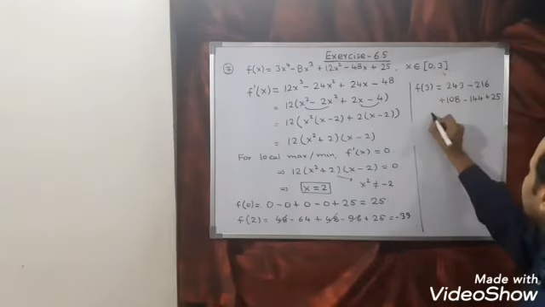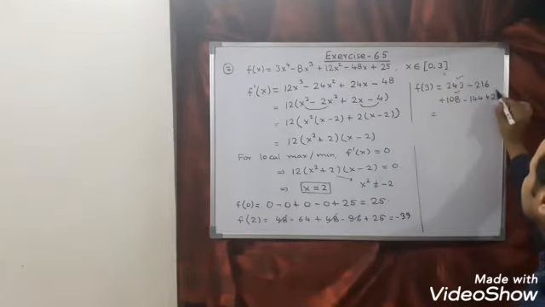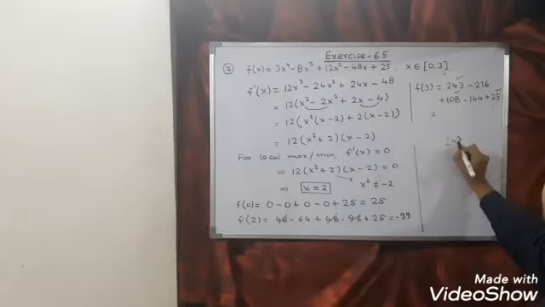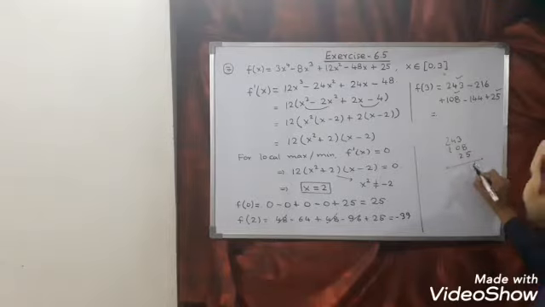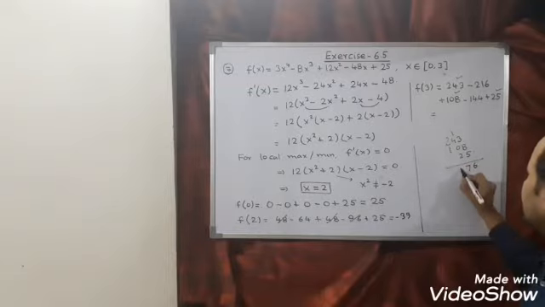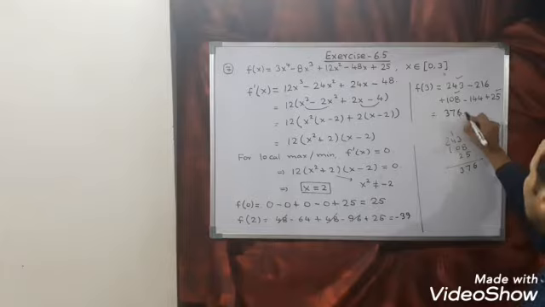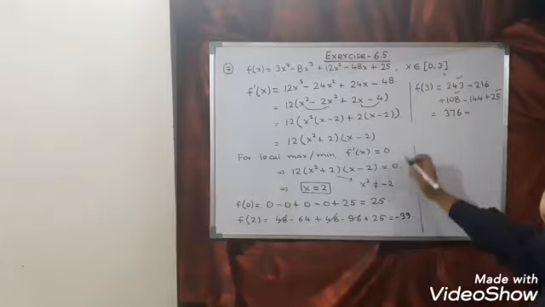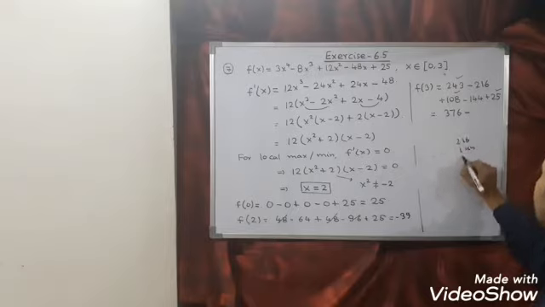So what I am doing here is, let us add positive values. So 243, 108 and 25. Add. So what you will get? 8 3 11, 11 plus 5 16. So here 7 will come and here 3 will come. So this is 376. Minus, now add negative values. So 216 and 144 add.